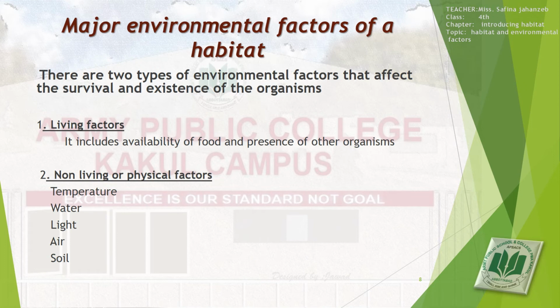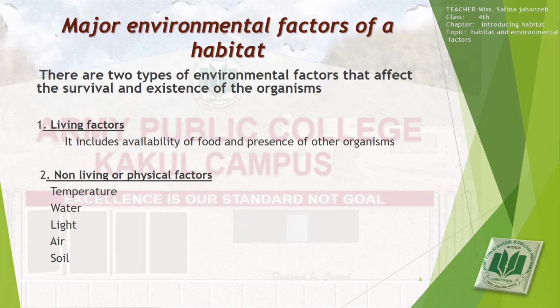Fishes cannot live without water. But there are some animals which need lots of water, and some animals which need less water. So in this way we can say that without the presence of water, life is not possible.